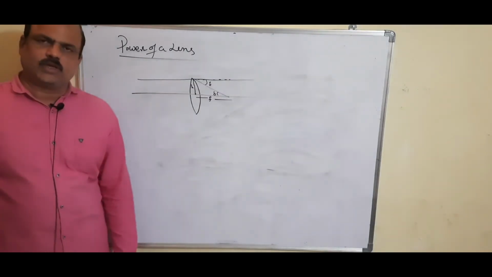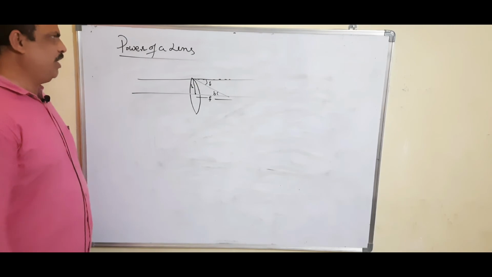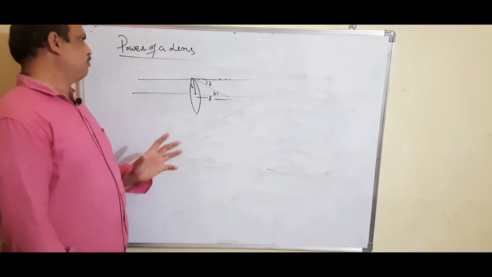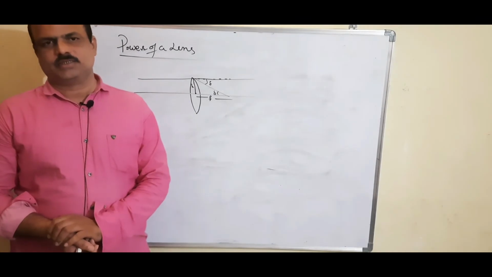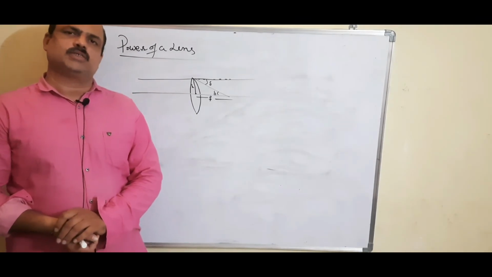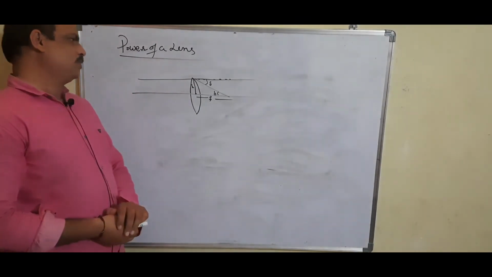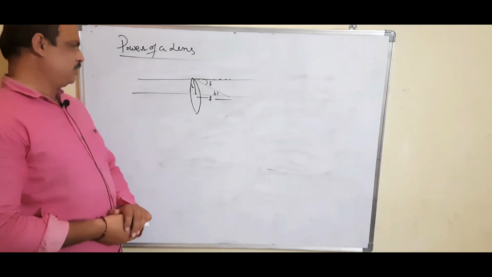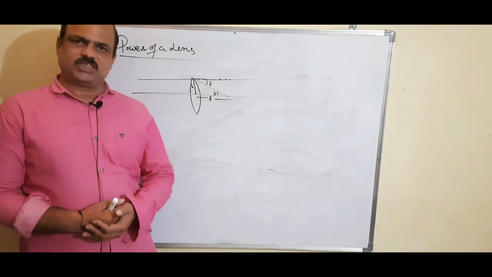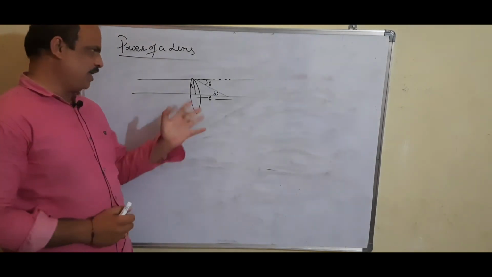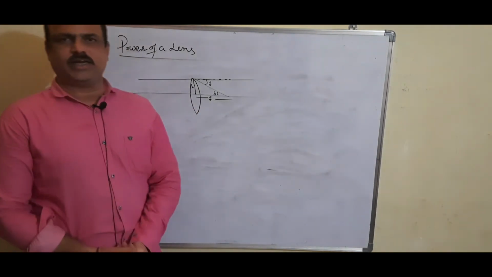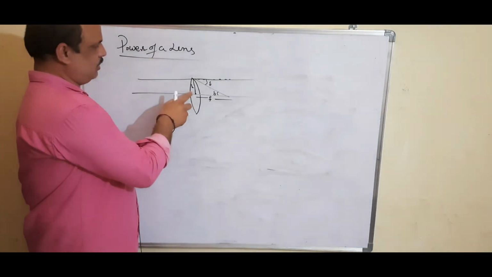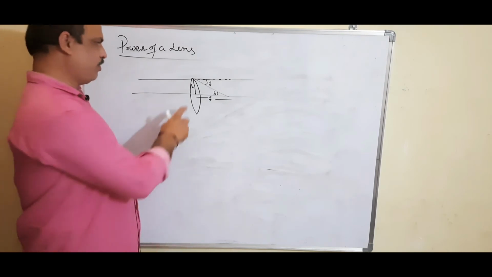So now we are going to discuss a very important definition, that is power of a lens. What is meant by power of a lens? Power of a lens is nothing but the tangent angle by which a lens diverges or converges the light rays which are falling at unit distance from the optic center.